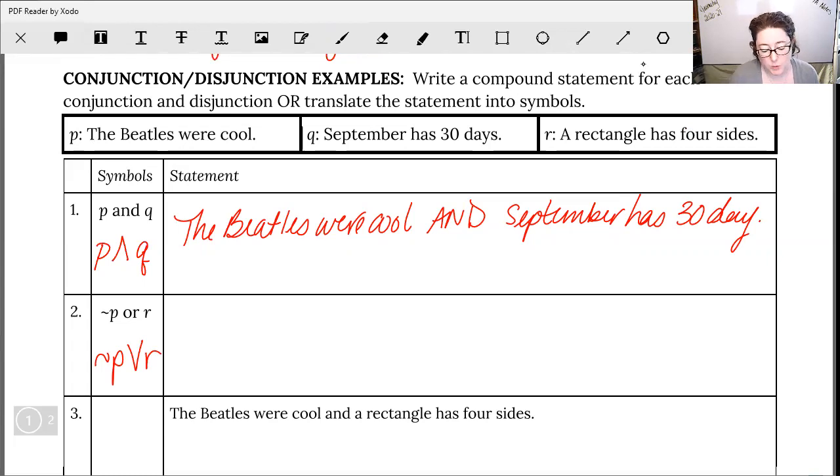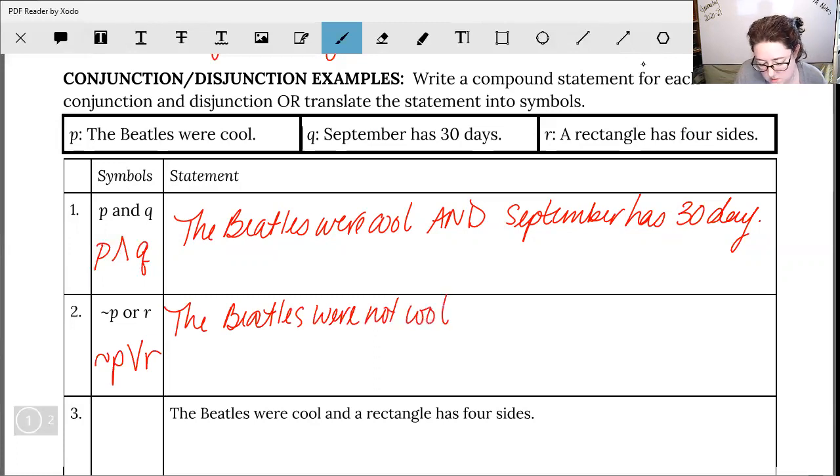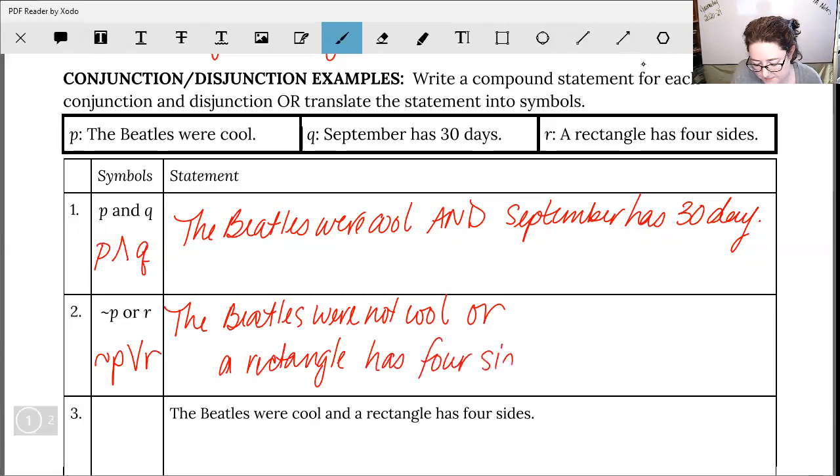So squiggle P, or not P, would mean we throw a not into the statement: the Beatles were not cool. Or our statement R: a rectangle has 4 sides.